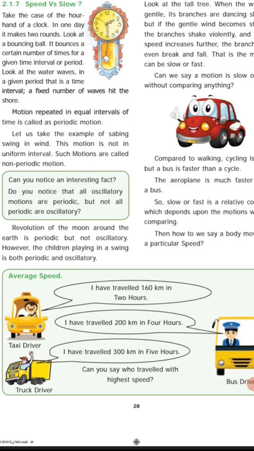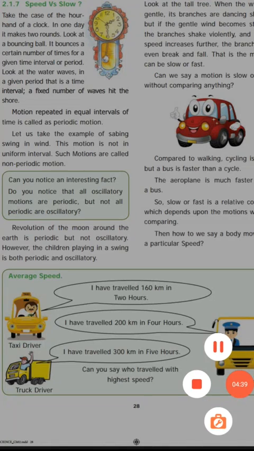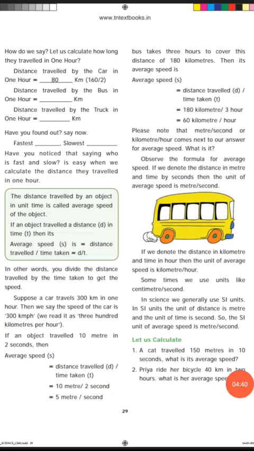Next one, non-periodic motion, which is not in uniform intervals. Example, a sapling swinging in wind is non-periodic motion. The moon around the earth is periodic motion but not oscillatory motion. But children playing on a swing is both periodic and oscillatory motion.